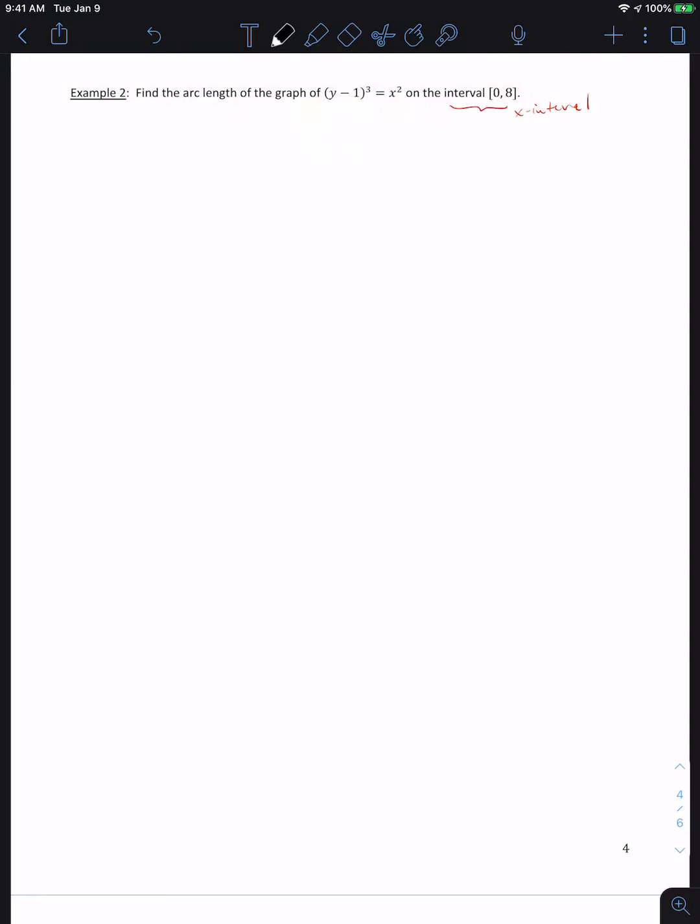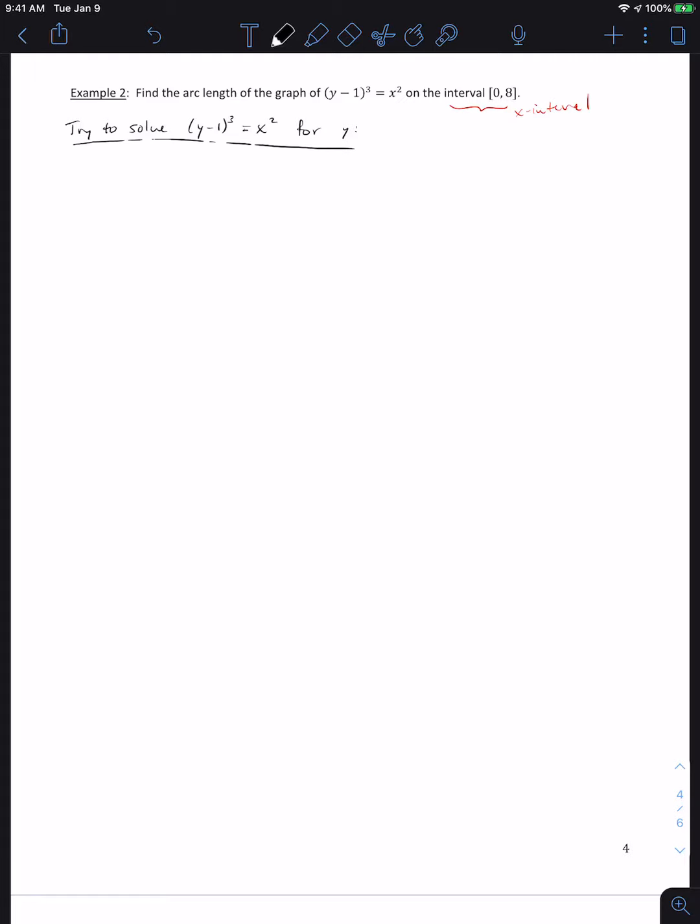But since our interval is in terms of x values, we should try to solve this for y, so it's y equals x something something something. So we'll try that first. So let's try to solve y minus 1 cubed equals x squared for y.